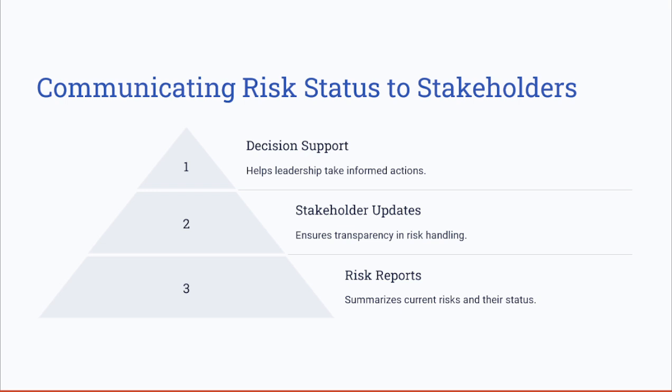It also supports decision making by helping the leadership to take informed actions immediately. So this is the importance of communicating the risk status to the stakeholders and keeping them informed about whatever updates there are on these risks.